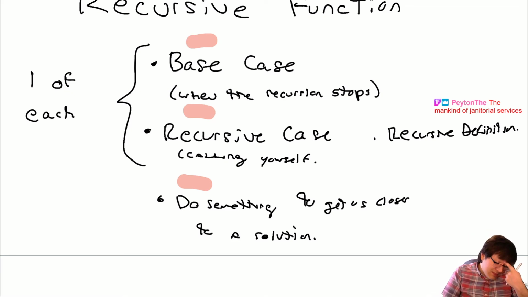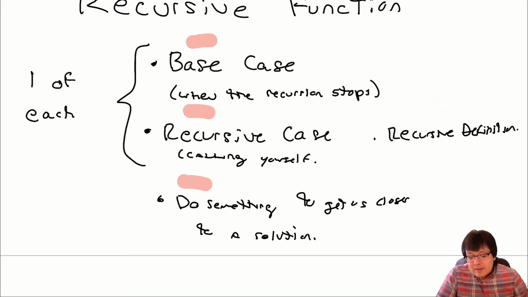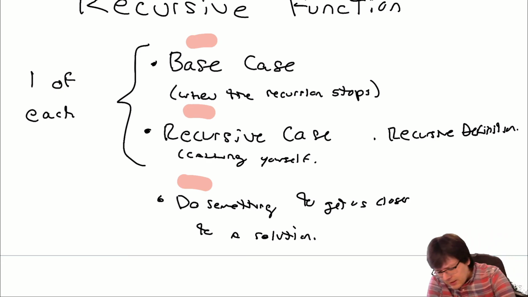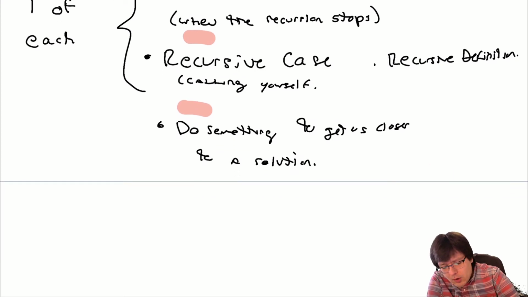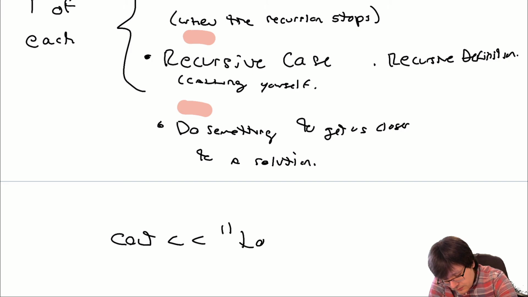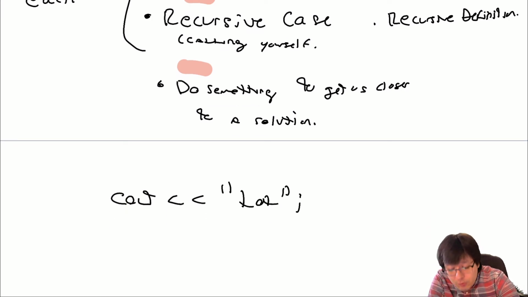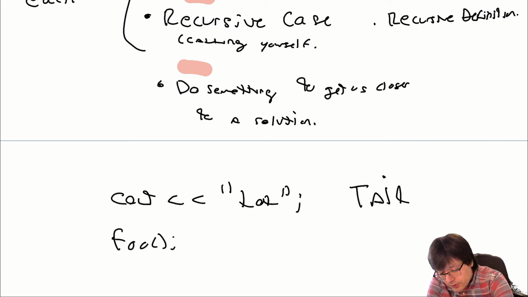So yes, indeed. Depending on where you put the step to get you closer, and this is something you'll learn later on in 26 and compilers and all that, if you have code in this format, where you have the cout lol, and this is happening before the recursive call, this is known as tail recursion.